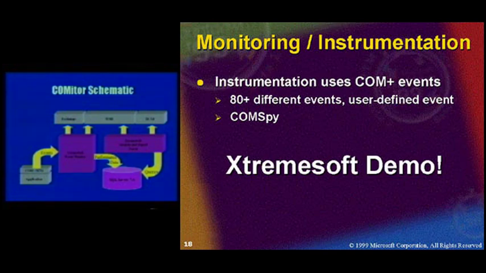We also hook into Exchange for delivering email notifications and pager notifications. We can deliver more events up through WMI, which can then take you to your enterprise tools like Tivoli and CA, and you can browse the information through a browser like Internet Explorer.